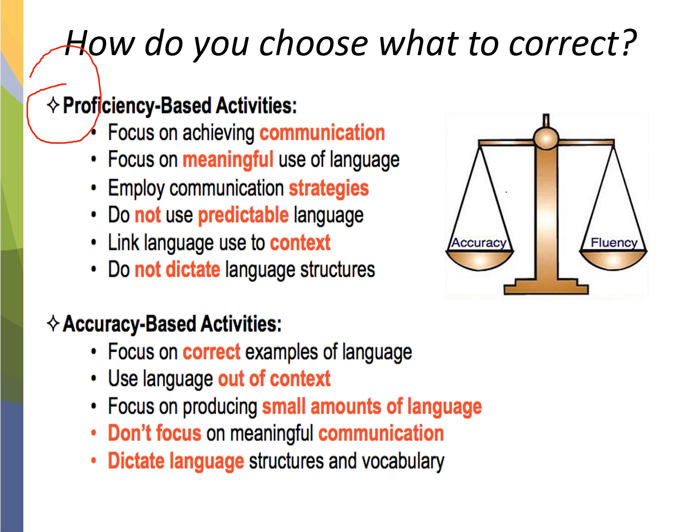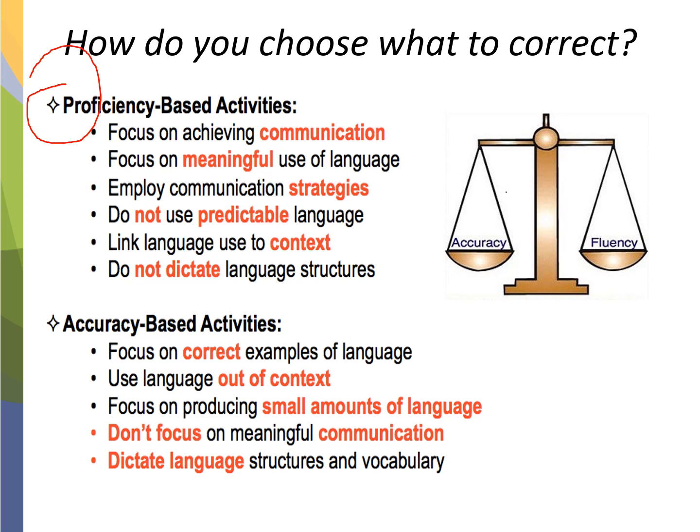And the student might stop talking or they might hesitate a lot because they're thinking so much about what they're saying. So if you're doing a proficiency-based activity, what you might do is note down some patterns that you see of error, and then you might correct those after the activity is over.